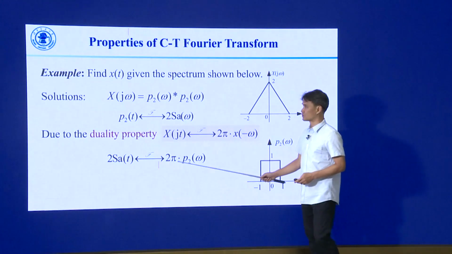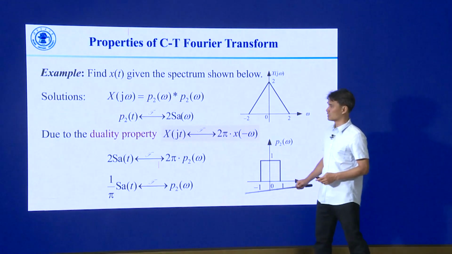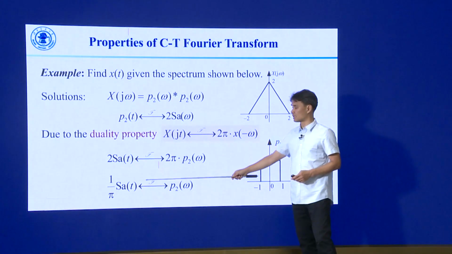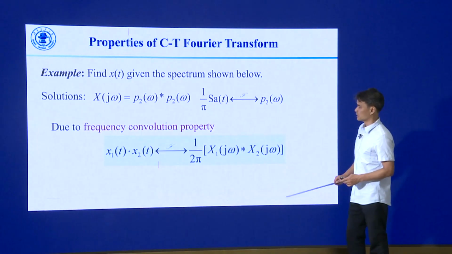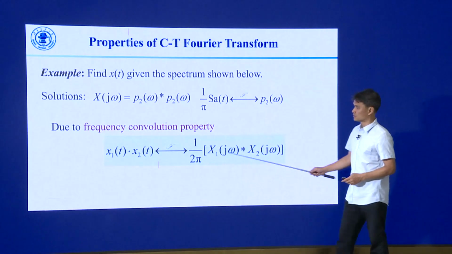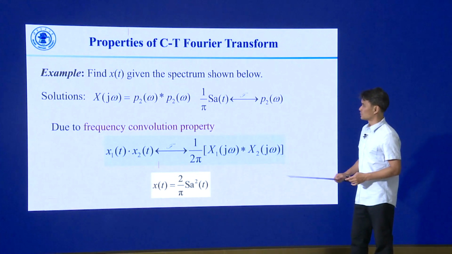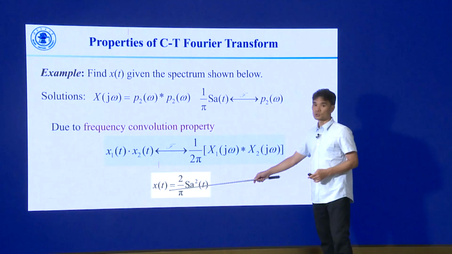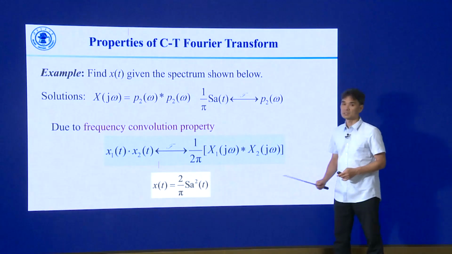And based on this understanding, the convolution in the frequency domain equals the multiplication in the time domain, so we can reach the conclusion that for the convolution in here, that will be the time function. So using this pair of Fourier transform, for the triangle spectrum, the original time signal actually is equal to 2 over pi times squared sampling function.